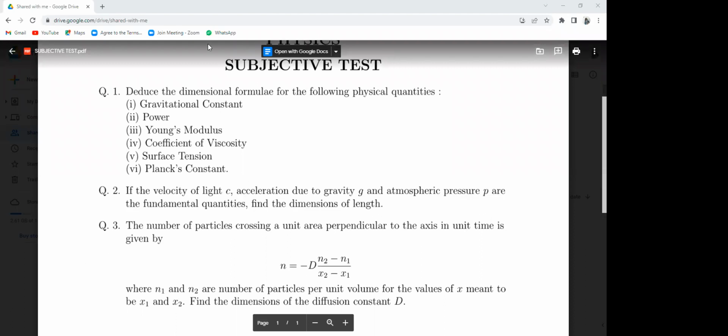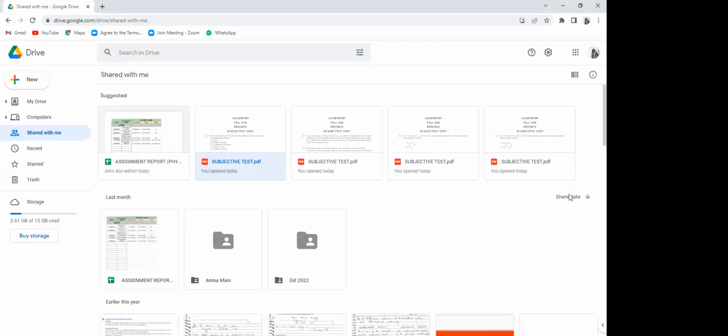Ma'am, I didn't understand the second question. Find dimensions of length. We can just write dimension of length, right? In the second one, you have to find out the dimensions of length in terms of fundamental quantities.